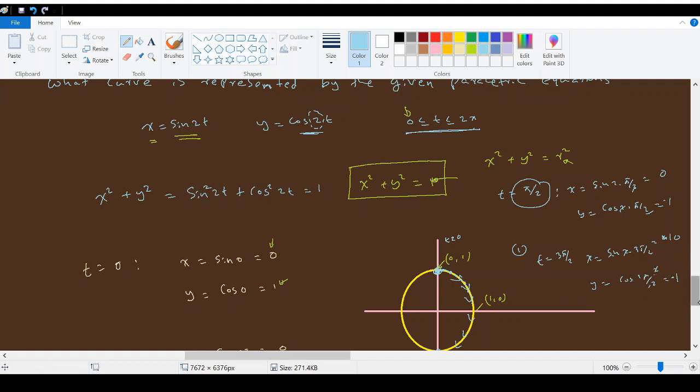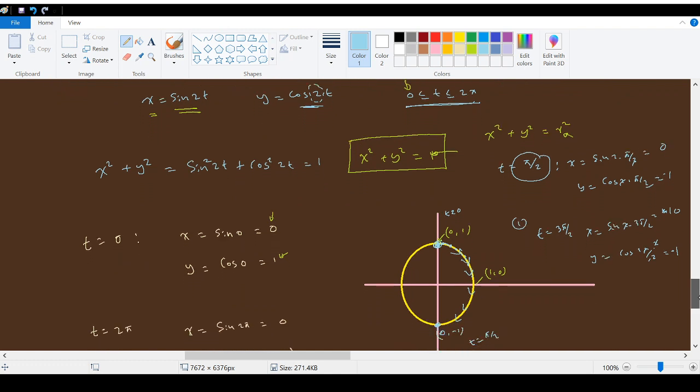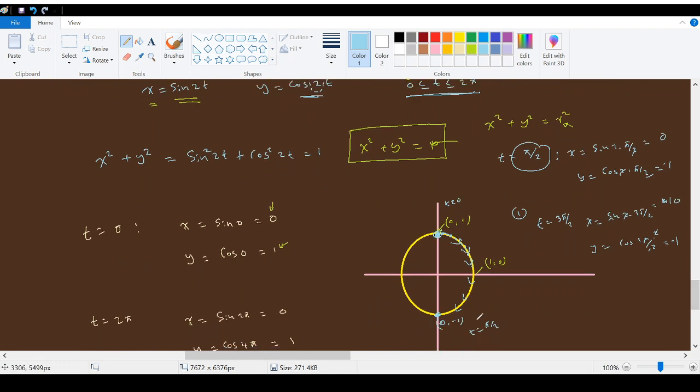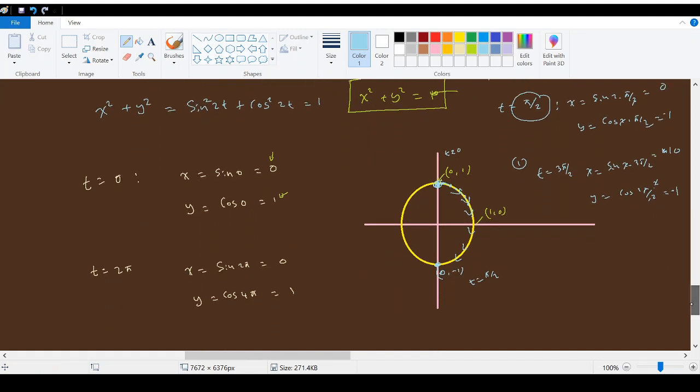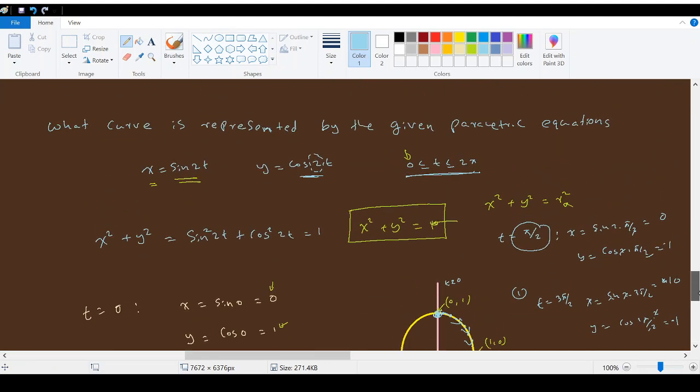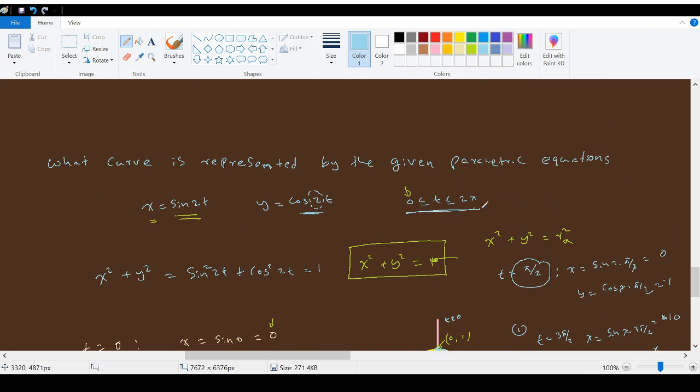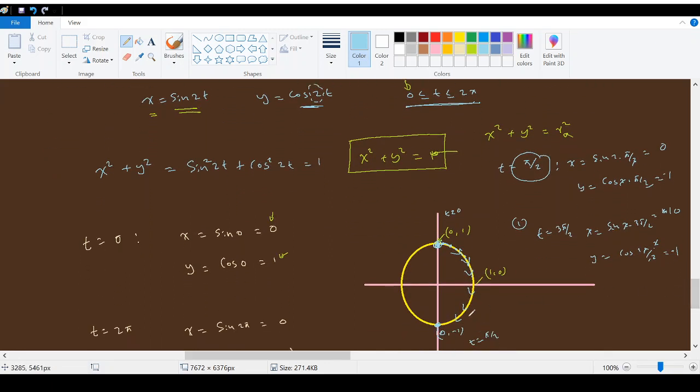So now see here, we once again have the same coordinate, x equals 0, y equals negative 1. So it's a bit strange. Even for 3 pi by 2, we didn't even reach the final destination, the terminal point, but here we are repeating a certain value.